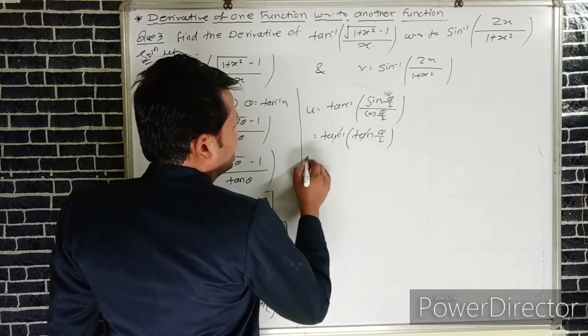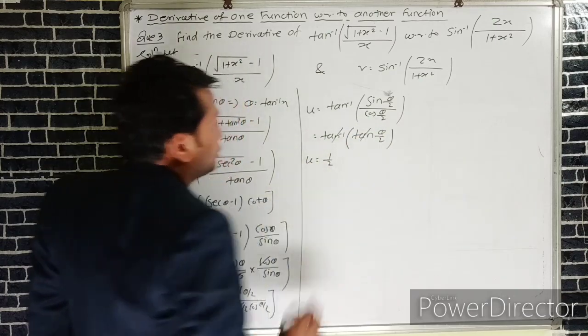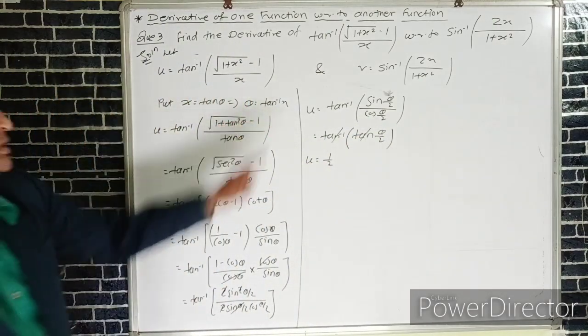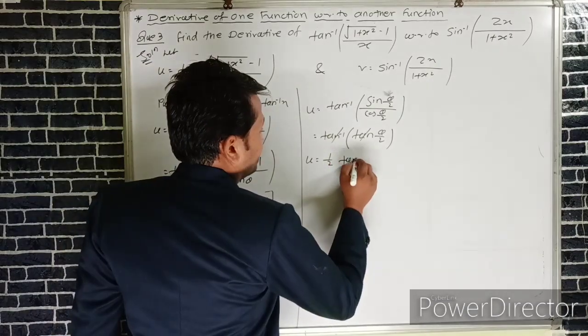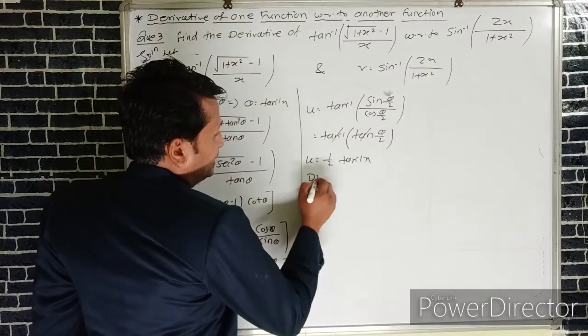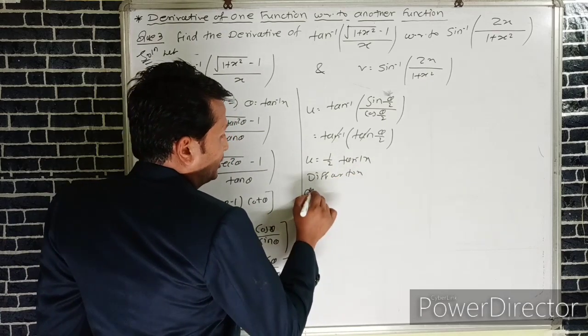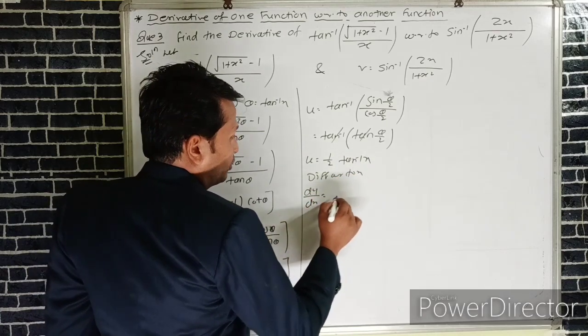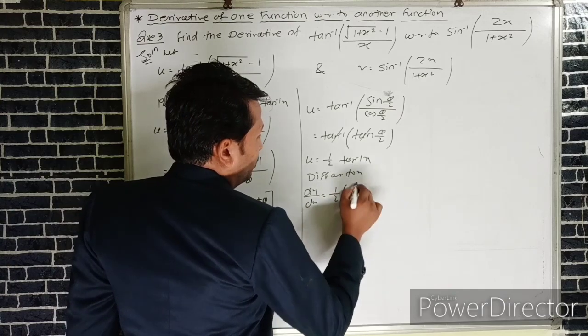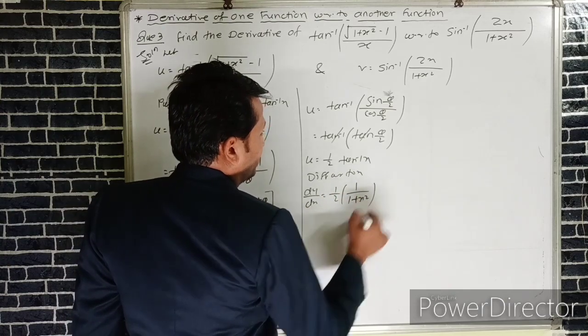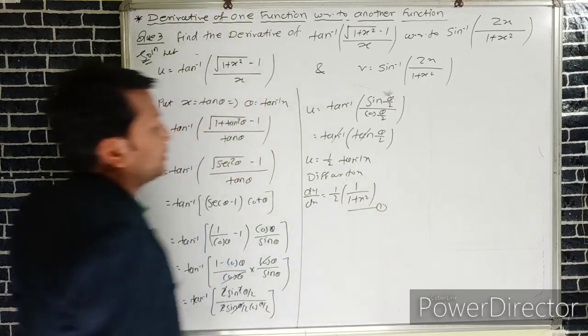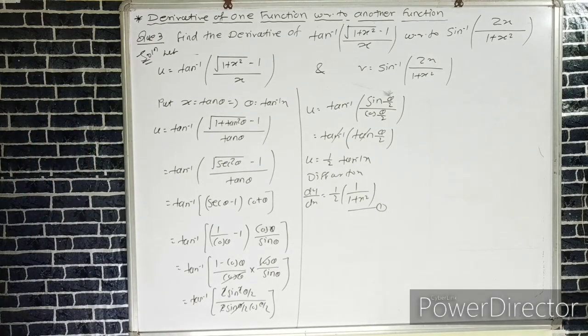Tan inverse and tan cancel. U is equal to 1 by 2 into the value of theta, which is tan inverse x. If we differentiate the given function with respect to x, then du upon dx is equal to 1 upon 2 into 1 upon 1 plus x square, which is the required derivative du by dx.